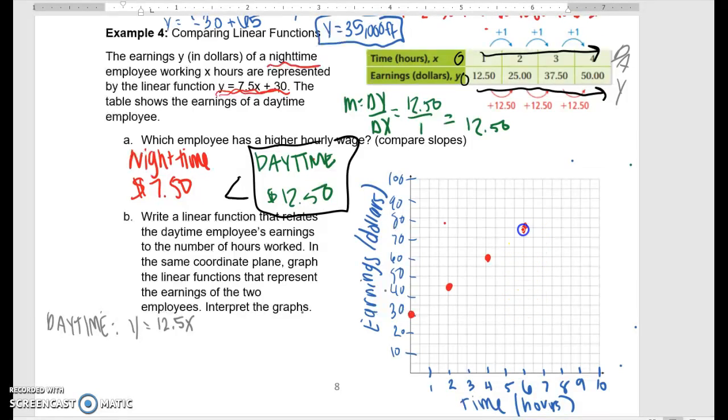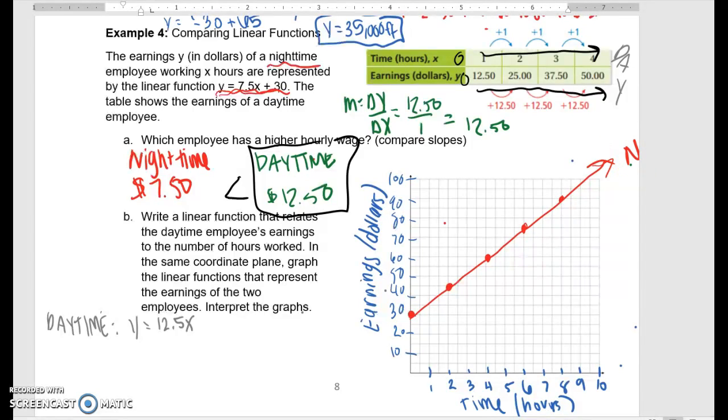And if you notice the pattern, you can just apply the slope. And I'm going to multiply by 8, 7.5 times 8 plus 30, which will give you 90. Then I'm going to do my best to draw a line, but you guys should use a ruler or a straight edge. And then, so that's my nighttime. We'll put N for night.